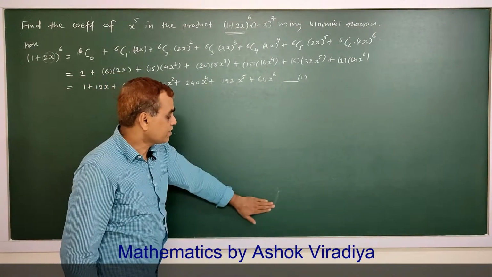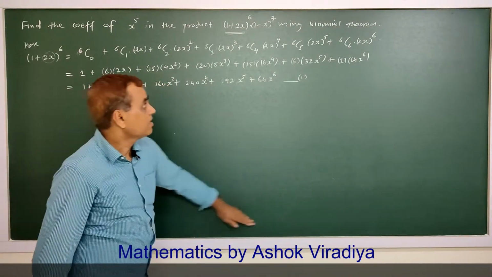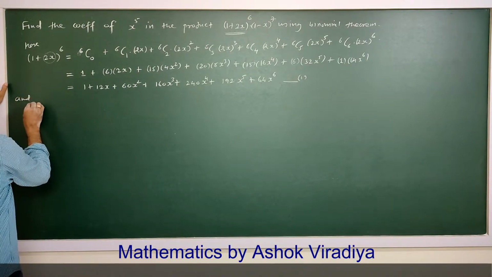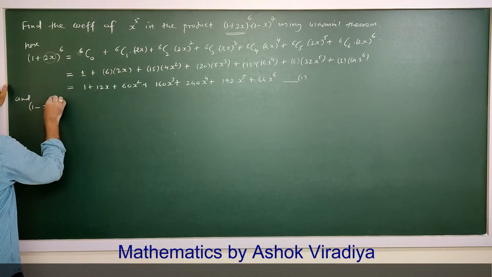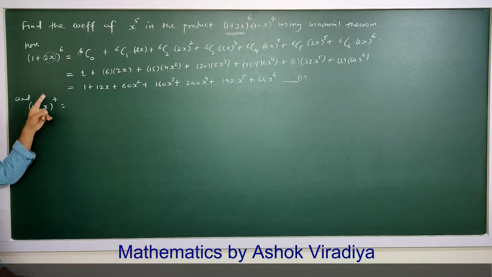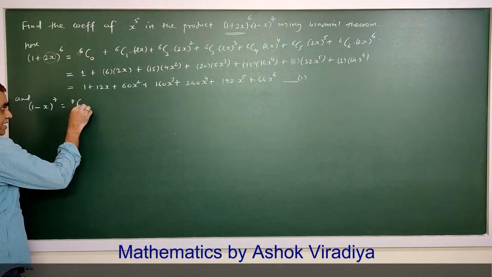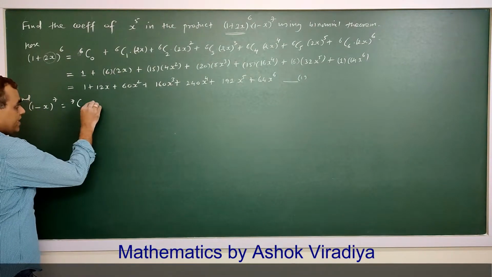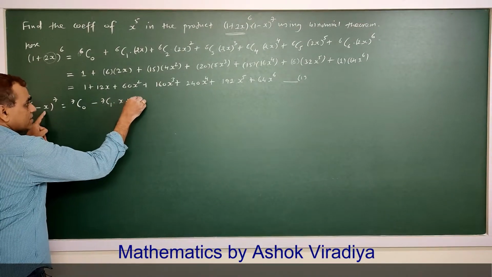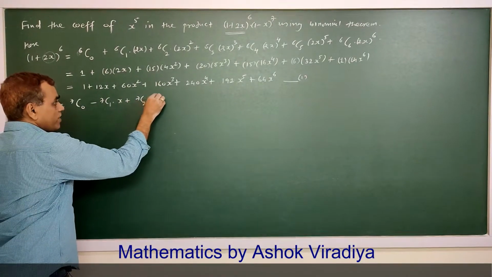Now we expand (1 - x) raised to 7. Applying (1 - x) raised to n: nC0 - nC1 into x + nC2 into x square.